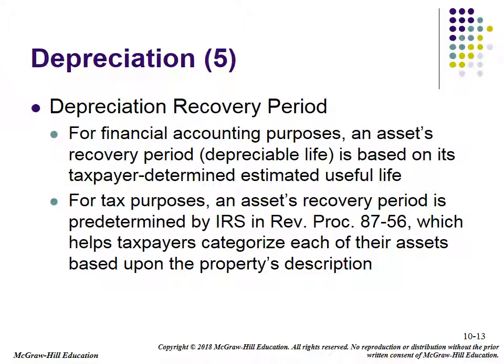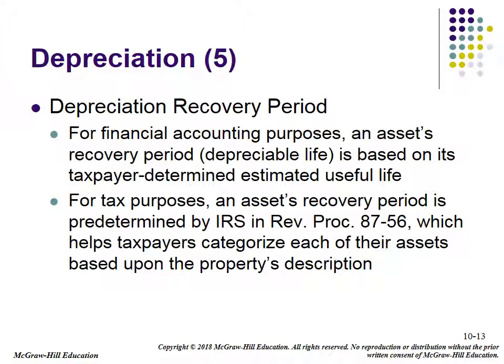For financial accounting purposes, an asset's recovery life is based on what the company feels. That's what the first bullet says. But for tax purposes, the cost recovery or the life is predetermined by the IRS. And actually, Revenue Procedure 87-56, 1987, helps taxpayers categorize each of their assets based upon the property's description.